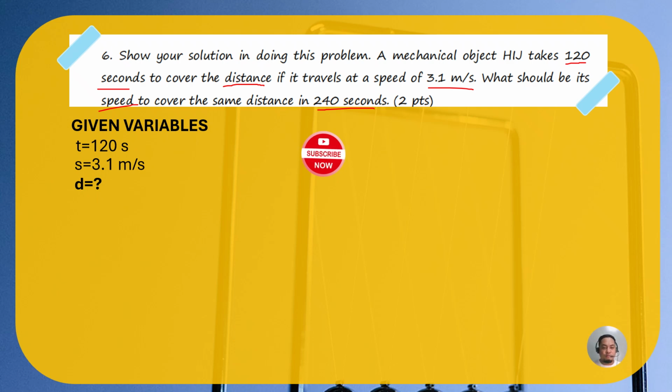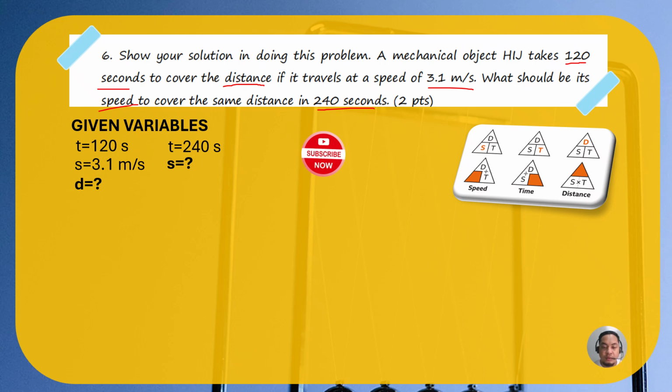We will be calculating the distance, and then we will be using that distance to solve the other situation. In the second situation, we have 240 seconds. What will be the speed if the distance is the same? The distance is the same as in our first situation.